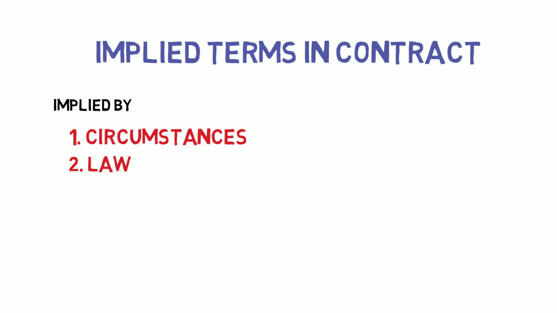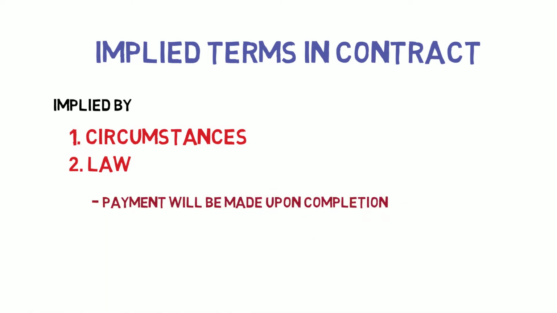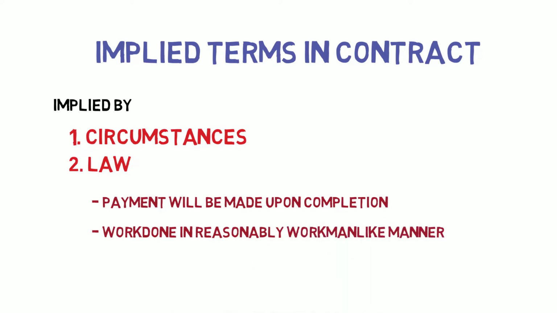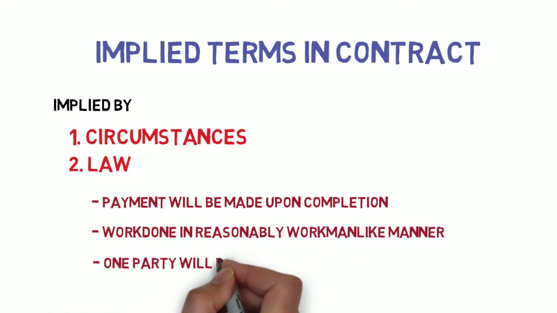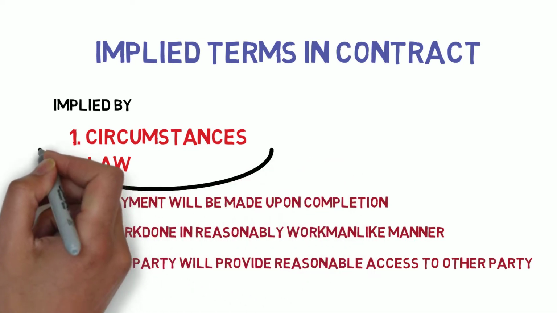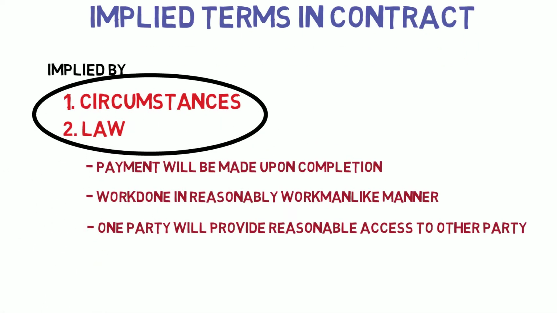Some of the terms that the law would imply in a contract would be: payment will be made upon the completion of the work. The work will be done in a reasonably workmanlike manner. One party will provide reasonable access of the project site to enable the other party in carrying out the works. So these are the two types of implied terms which are actually included in a contract.